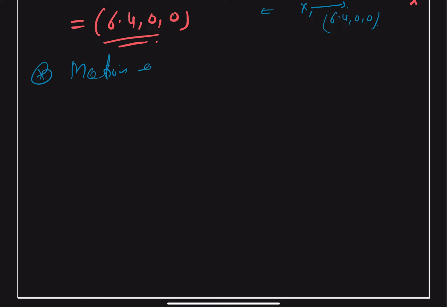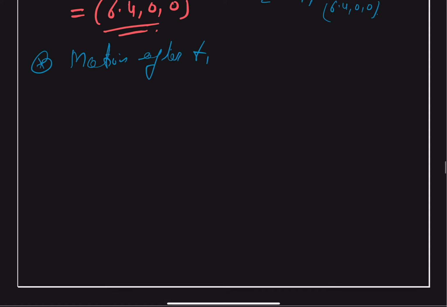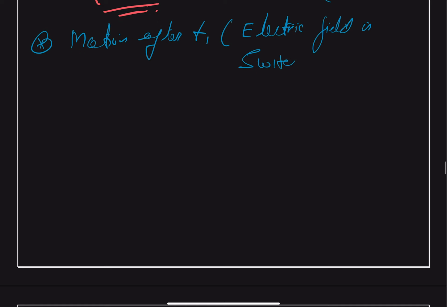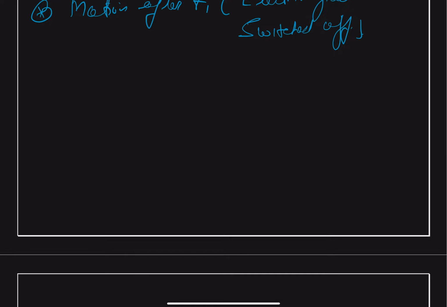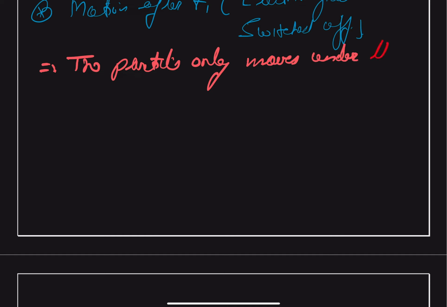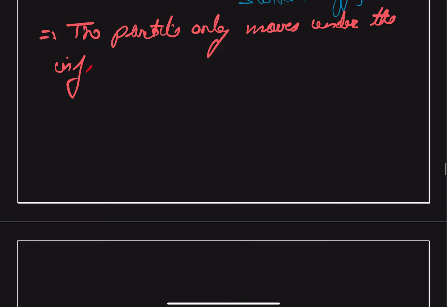Motion after t1: the electric field is switched off, so the particle only moves under the influence of the magnetic field.